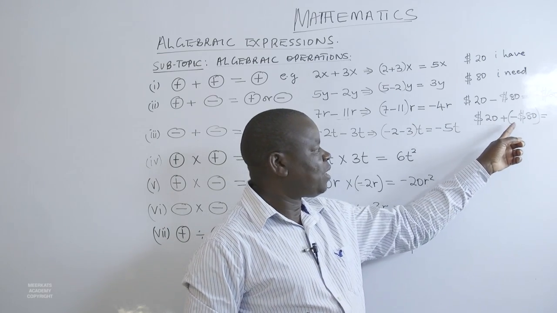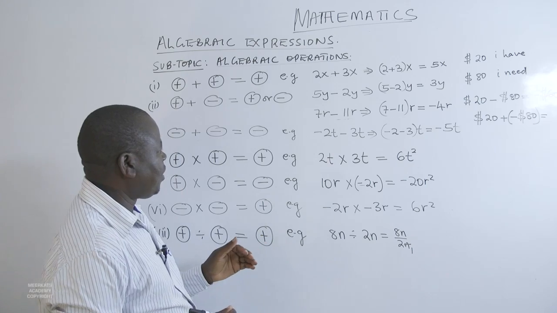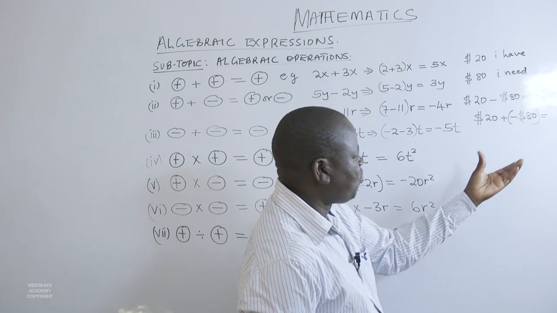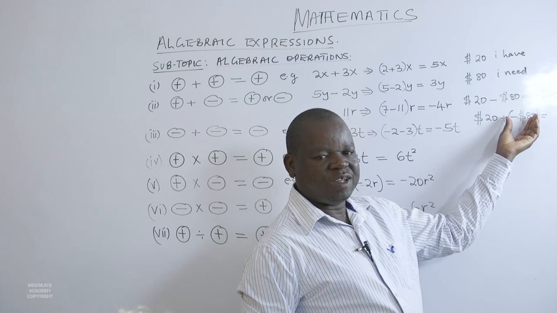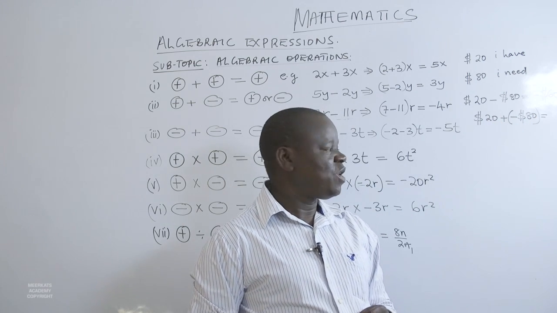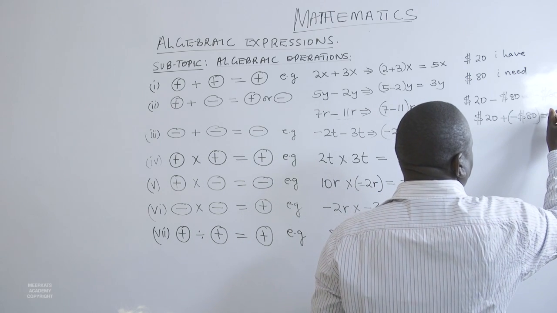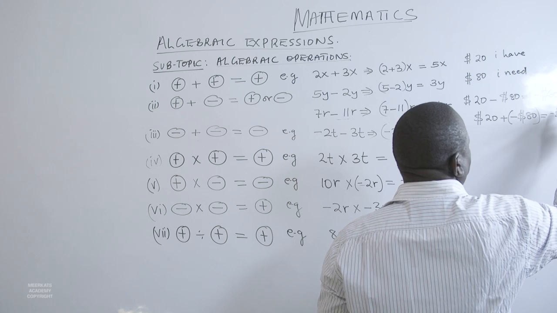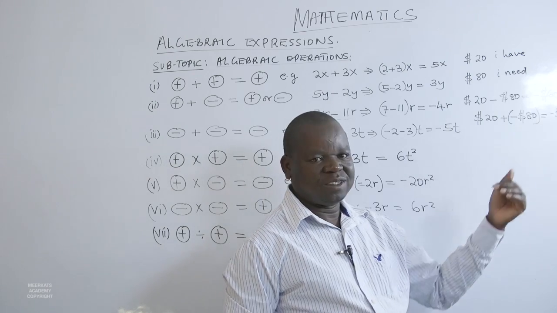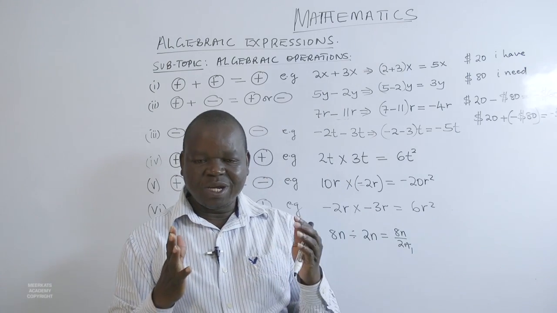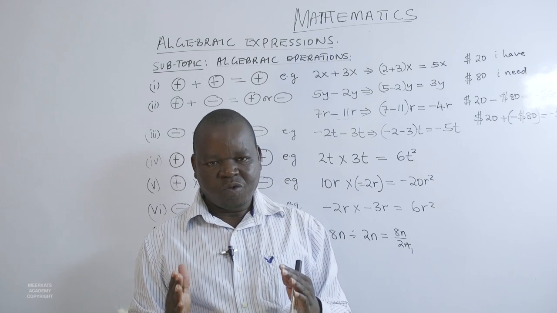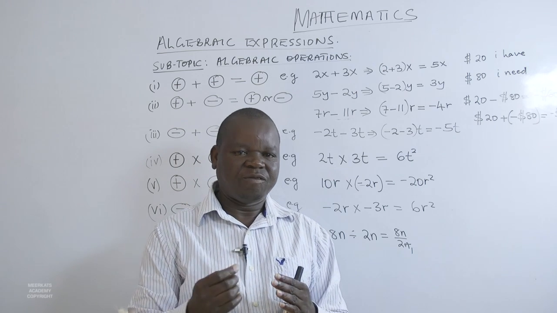And when I add a positive plus a negative, the answer I'll get will either be positive or negative. In this case, the negative face value of our numeral is greater than the positive face value of our numeral. So here we shall have negative $60. So this is my deficit. The deficit here is explained in terms of what you require, what you need, but you don't have.